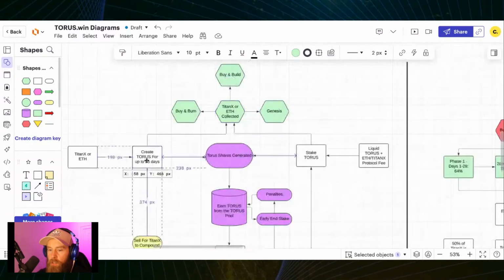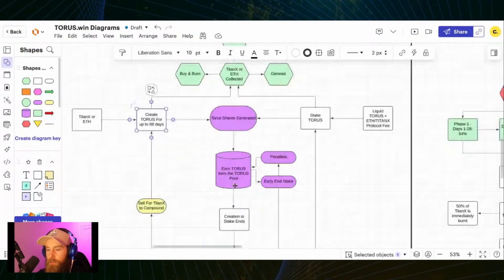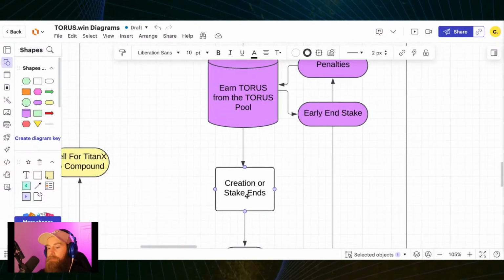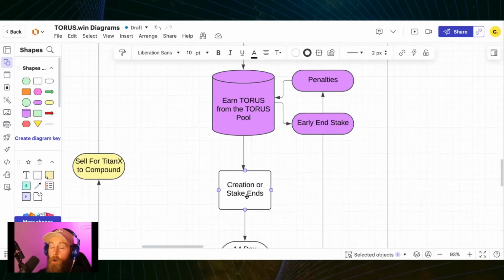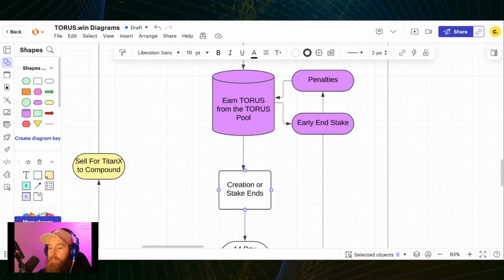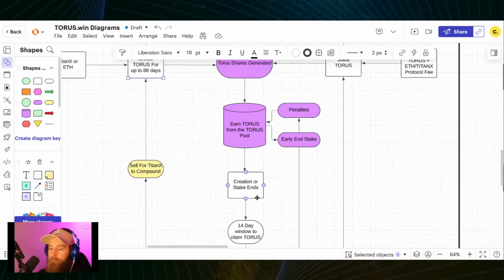They create for TORUS for up to 88 days. TORUS shares generated. They earn from the TORUS pool. Let's say they're up massively. Let's say they're up 10x. I hope that's how big you guys win on this.